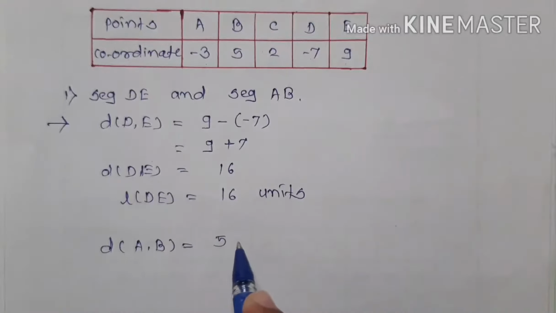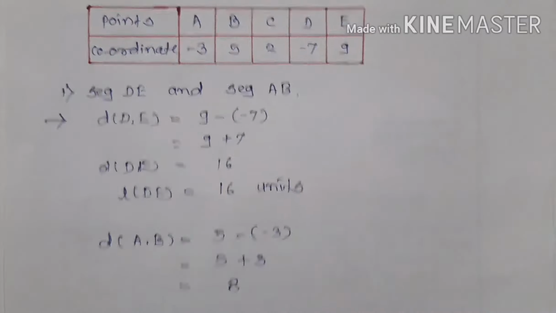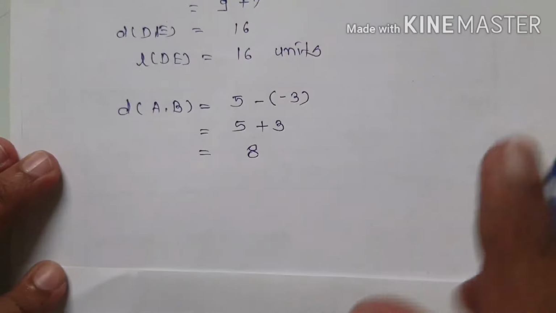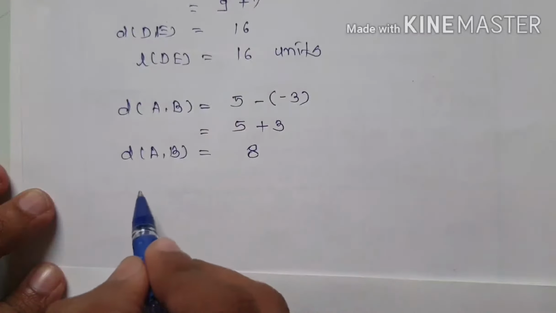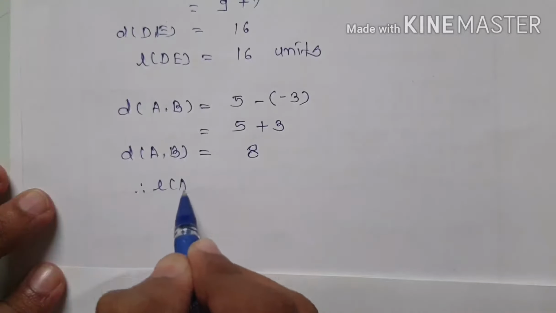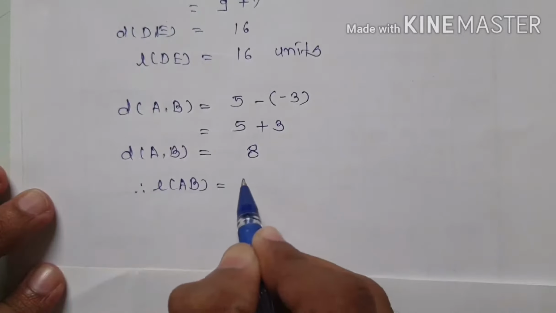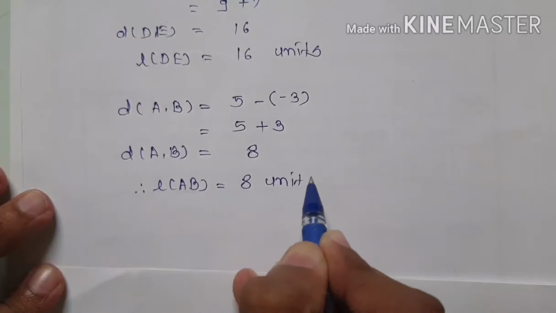So 5 minus (-3) in brackets, that is equal to 5 minus minus, which becomes +3, that is equal to 8. So the distance between points A and B is 8. That means distance AB is equal to 8, that is, the length of segment AB is 8 units.